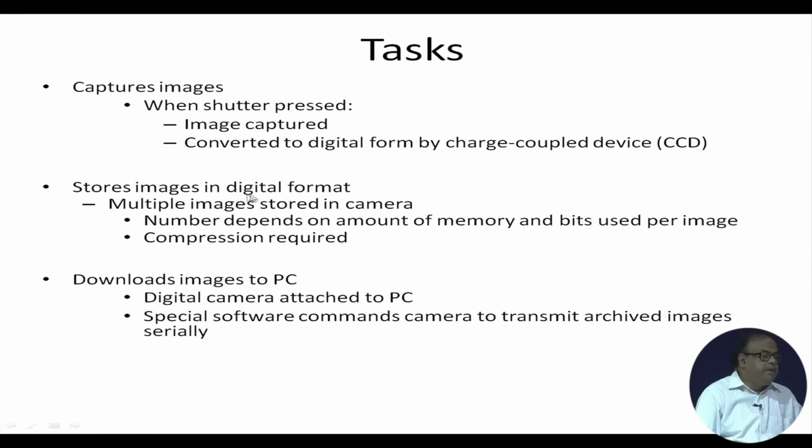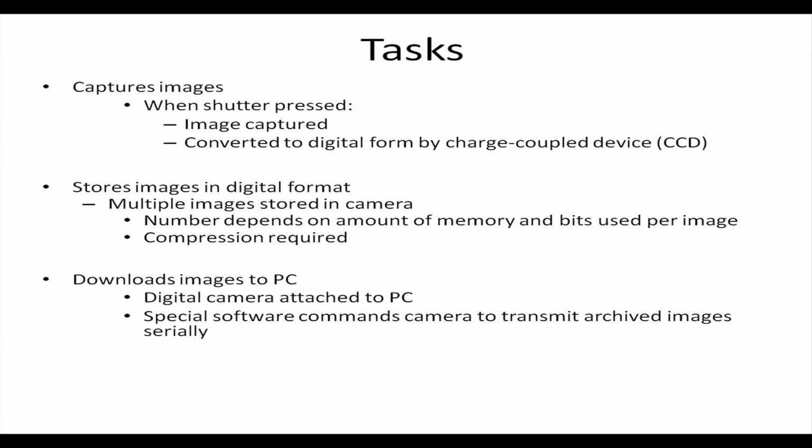Now, the images have to be stored in the digital format. Obviously, all of you use a digital camera, and you know that we can store multiple images in the camera. There are no films required, and the number of images that we can store depends on the amount of memory, number 1, and the resolution of the images.